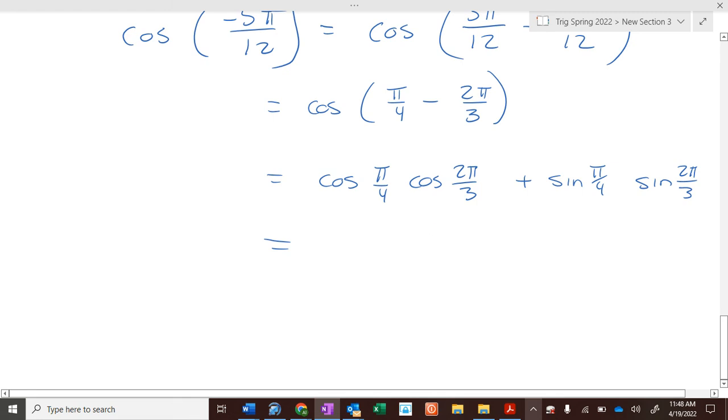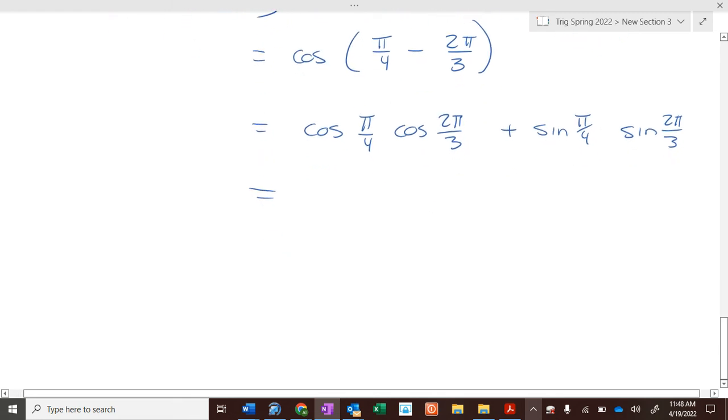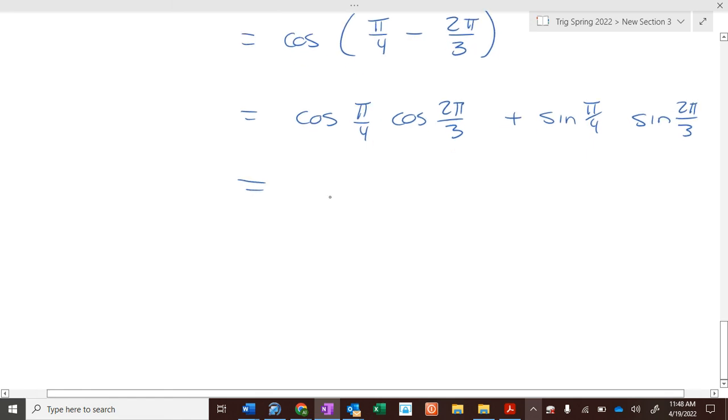What's the cosine of pi over 4? Unit circle, people. Come on. Cosine of pi over 4. Square root 2 over 2. What's cosine of 2 pi over 3?